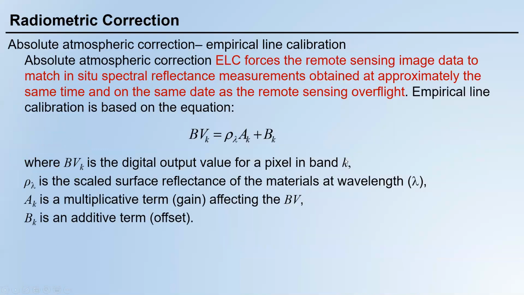So on the other hand, empirical line calibration is relatively straightforward, relatively easier, simpler than radiative transfer models. But the disadvantage of empirical models is that they cannot be applied widely around the world.